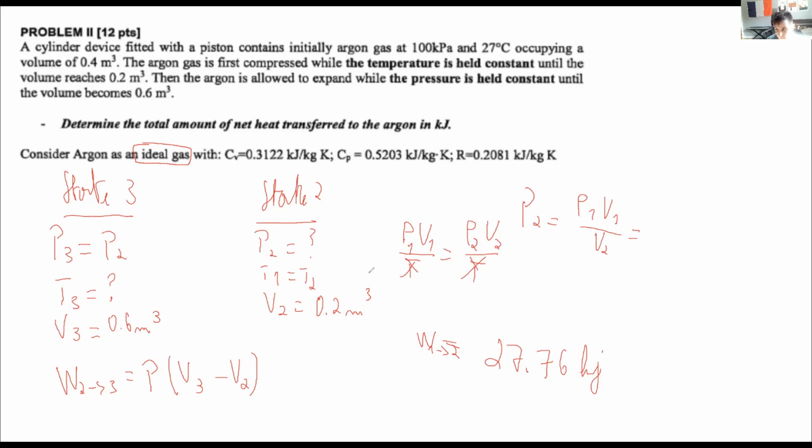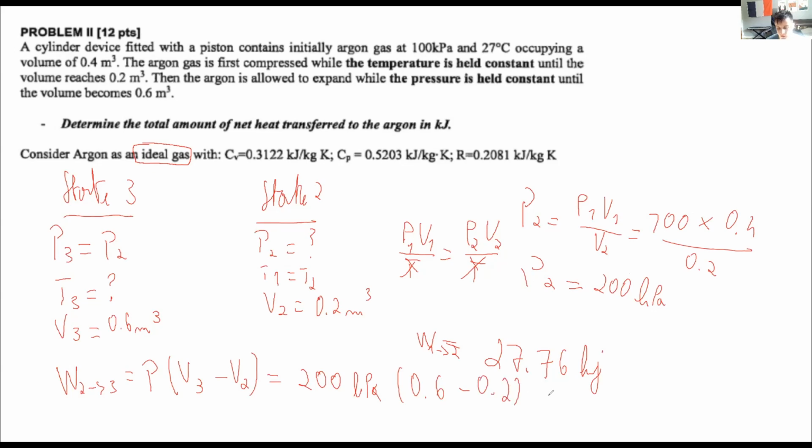That's 100 kilopascal times 0.4 divided by 0.2, and that gives us a pressure of 200 kilopascal. Plug that into the isobaric equation: 200 kilopascal times V3 minus V2, which is 0.6 minus 0.2, so 0.4 times 200 kilopascal, and that gives you 80 kilojoules.